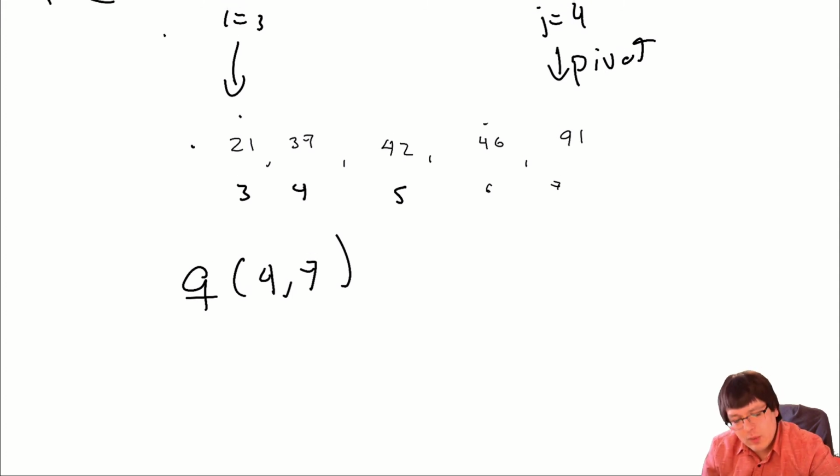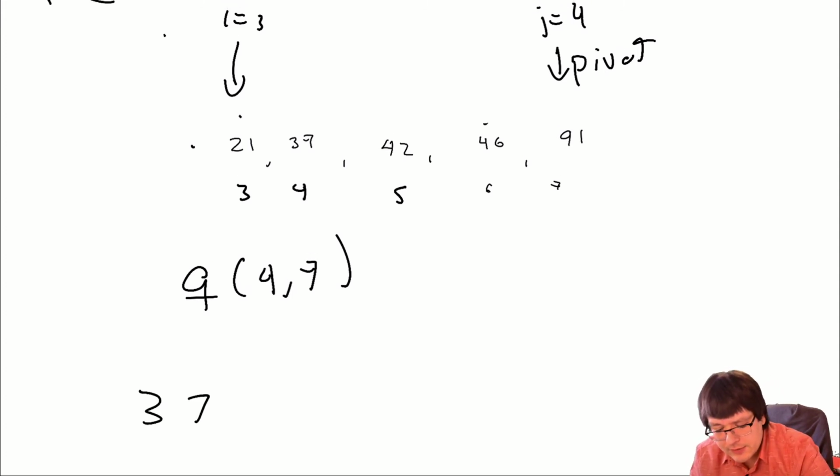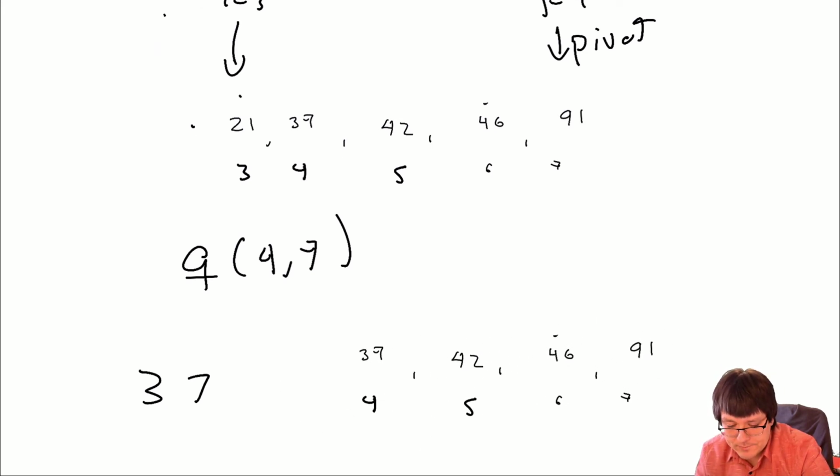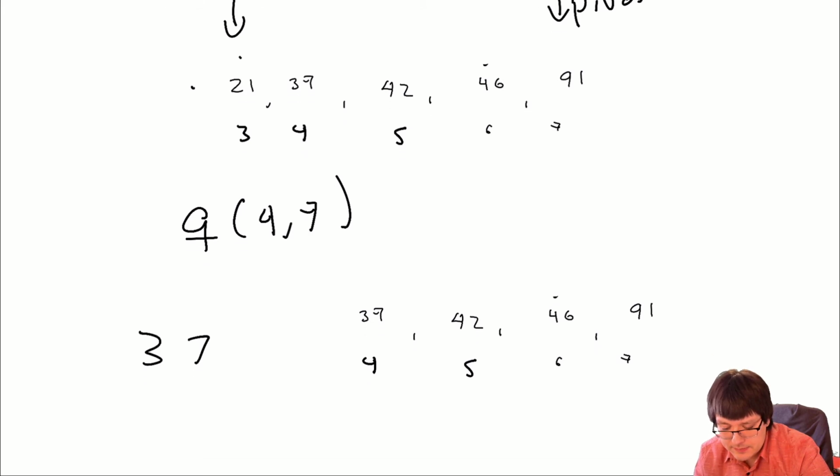Okay? Let's run one more. Even though it's sorted, let's run it to that one last iteration, just so you can see that nothing gets changed. Okay? So, yeah, because this is going to be weird. So now that we call this again, this is the pivot. And then we start out with i being equal to 3 and j being equal to 4.